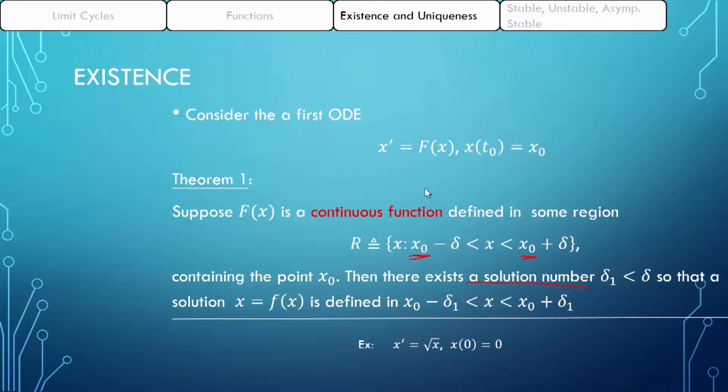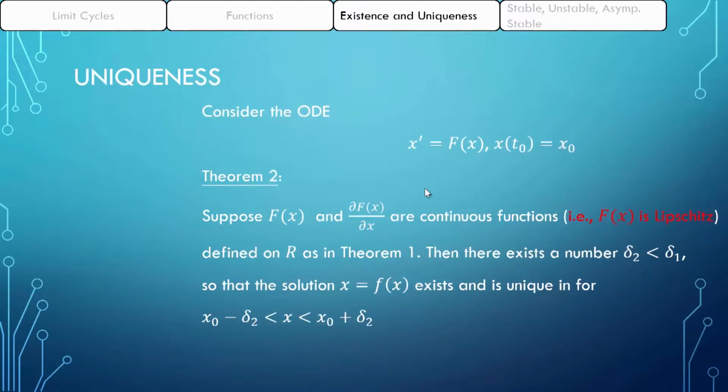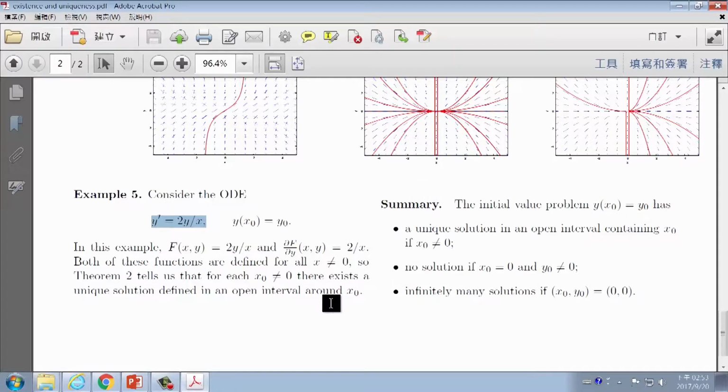And for uniqueness here, given another dynamics, you can consider that this dynamics has multiple solutions here. One ray line represents one potential solution, and it has many solutions. So the solution exists but is not unique.